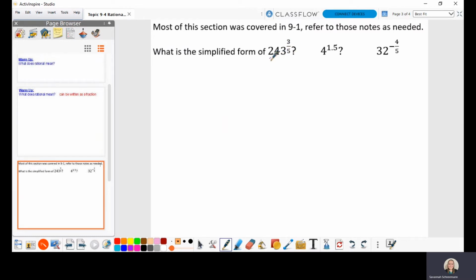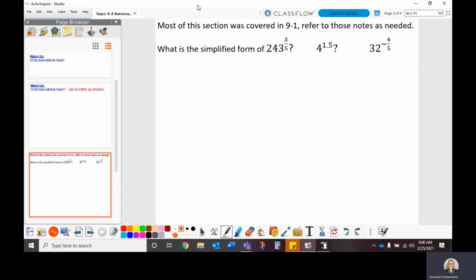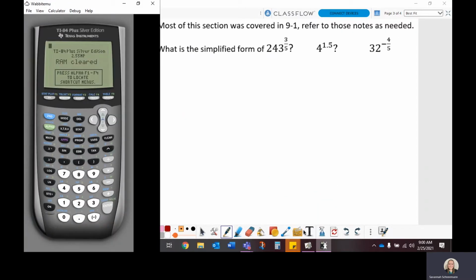But we're going to look at these 3 examples, and we are going to take a look at solving these. For this, we're going to need our calculator, so I'm going to go ahead and pull mine up. I have mine on the computer right here.